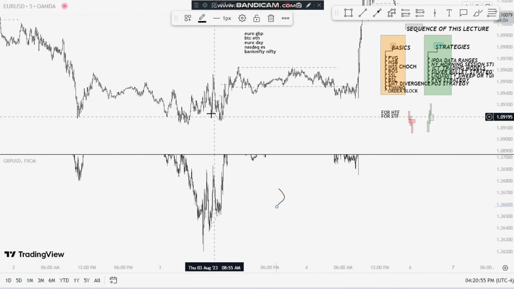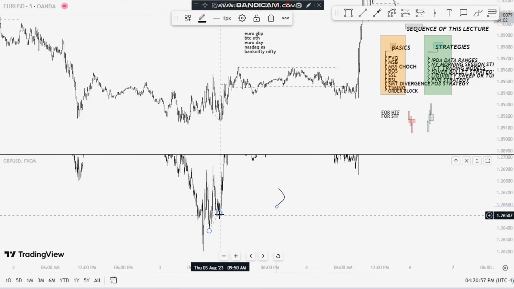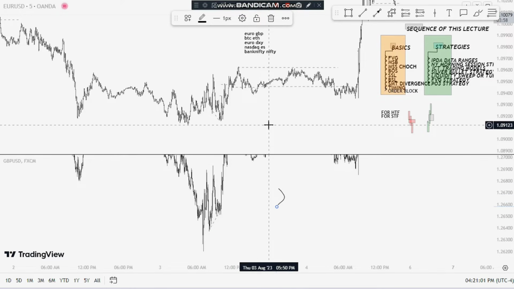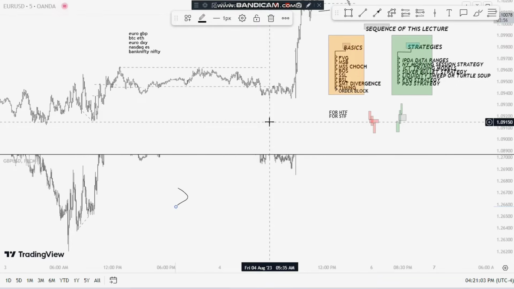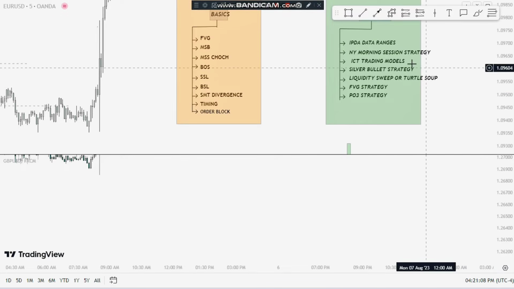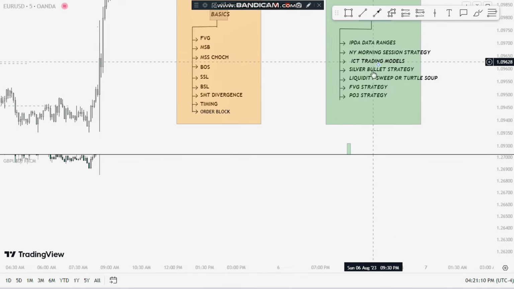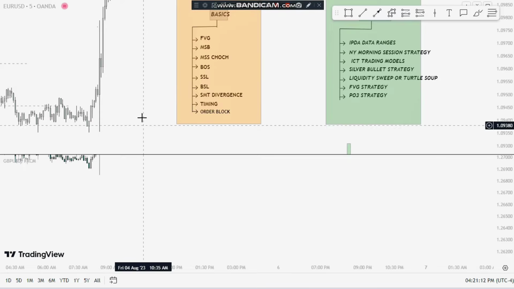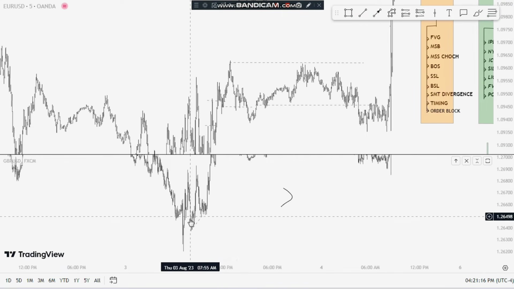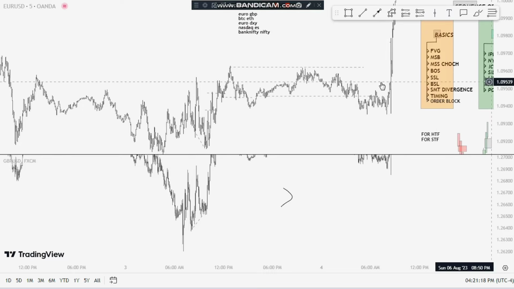Once you get such divergences to the downside, this is bullish and the price then goes up. But there are some other things to it. We will discuss it in detail when we discuss this morning session strategy or a liquidity sweep strategy. So we will discuss SMT divergences in detail. This is the example. I discussed it briefly.